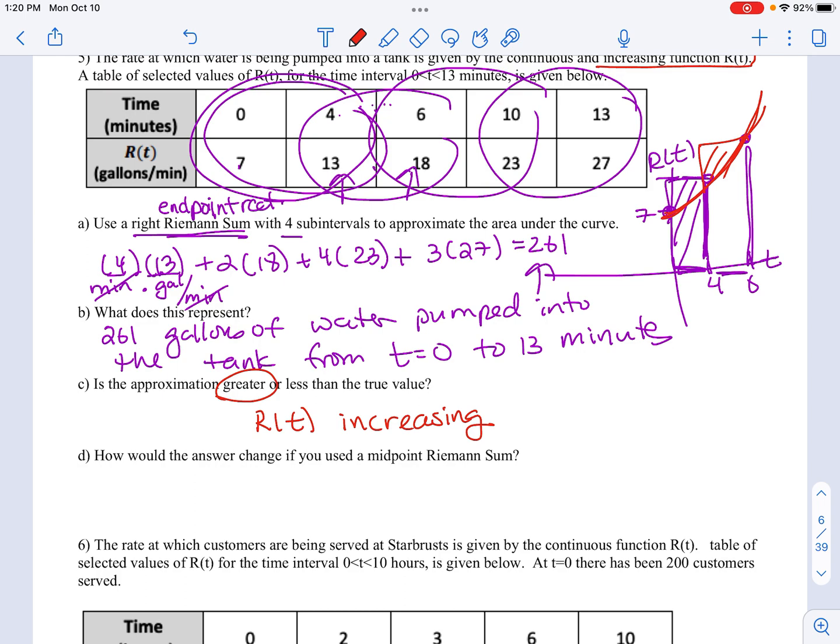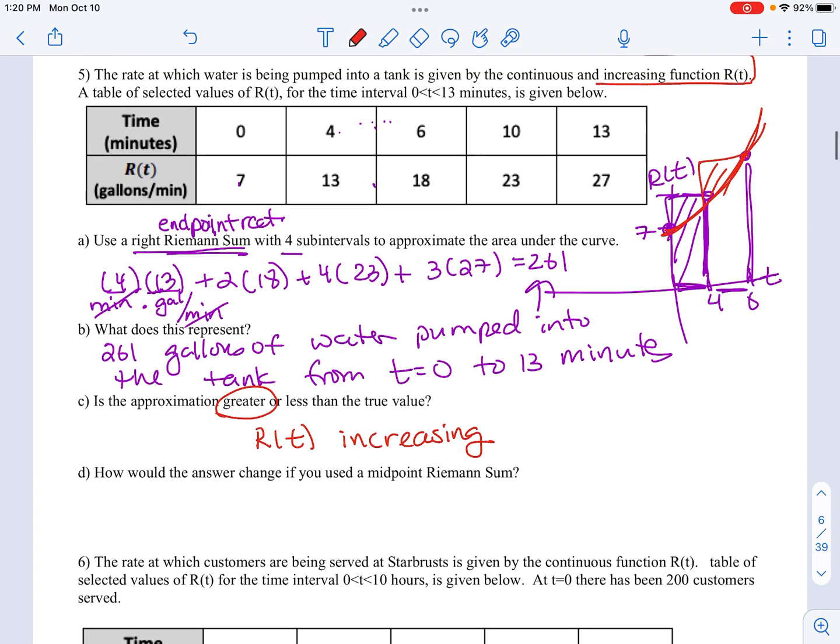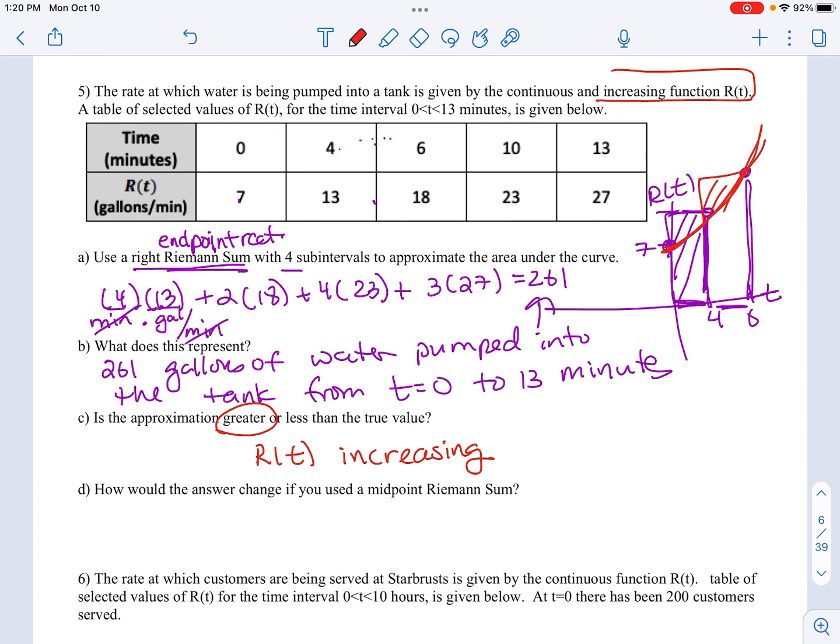And then last thing with this problem is, what if I use midpoint rectangles? Now, when I give you a table, you cannot create any points on your own. You have to use the points that are given. So when I do a midpoint with the table, I'm actually going to be using fewer rectangles. So the only way to get a number in the middle is if I use these 3 data points as the width.